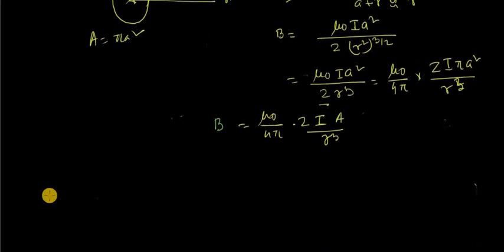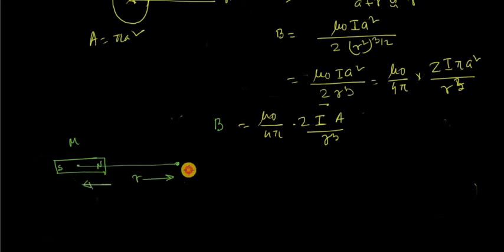You have already derived in my last video that if it is a bar magnet of magnetic moment M, then the magnetic field at a distance r from the center is mu 0 by 4 pi 2M by r cube, and it is outward when the N pole faces the point P.